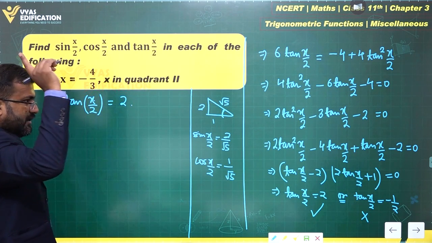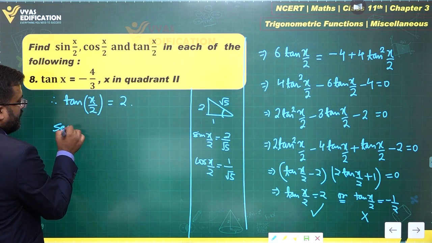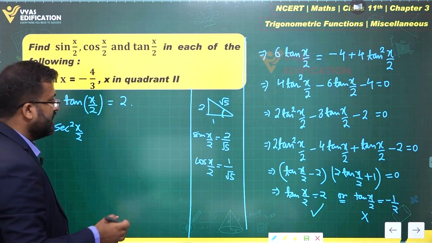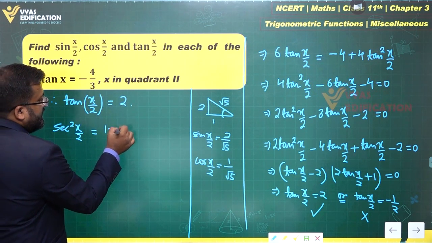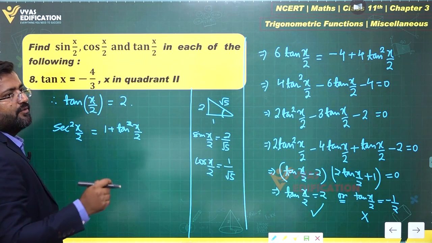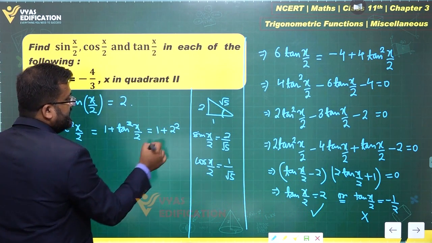But using the analytical approach, what I have over here is sec²(x/2). I will relate this with another trigonometric function. Sec²(x/2) is equal to 1 plus tan²(x/2), and with the help of this, I can find cos(x/2). Let's do that. 1 plus 2 squared is 5.